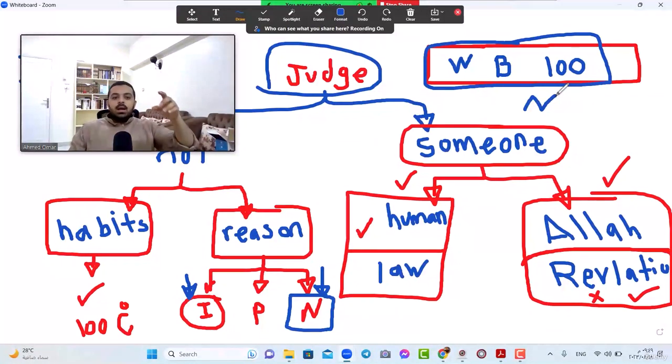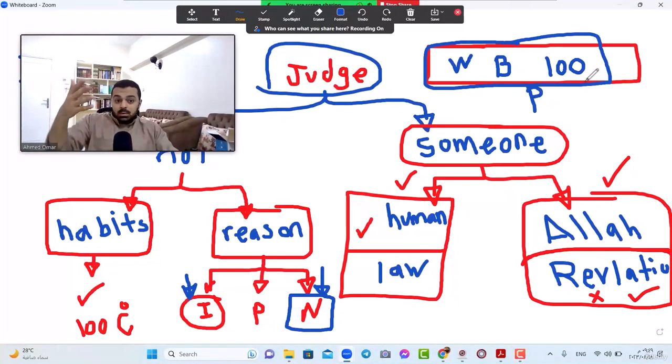Now, when I say water boils at 100 degrees, is it necessary? Is there anything, if it changed to 200 degrees, that will cause any contradiction? If no, then you say this is not necessary, it is possible.